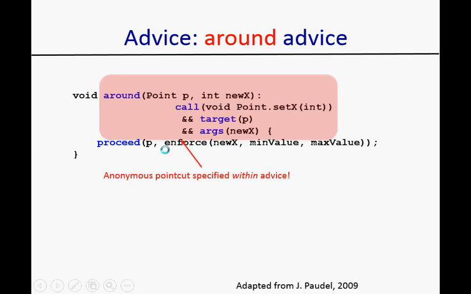For example, if it has an argument newX, we can make sure newX is greater than or equal to some minimum value, less than or equal to some max value, and we can then proceed on with the value checked to make sure it's in this range, or constrained to be in that range. Have to double check if this is actually essentially forcing it to be in the range, or just checking if it's in the range.